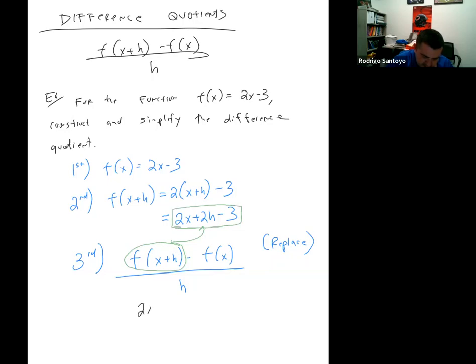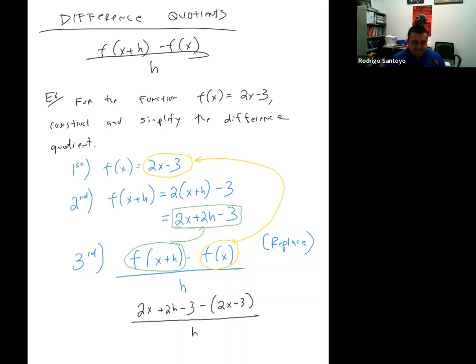So now it's 2x plus 2h minus 3 minus f of x, which is that up there, 2x minus 3. The whole thing is over h. Does that make sense, everyone?